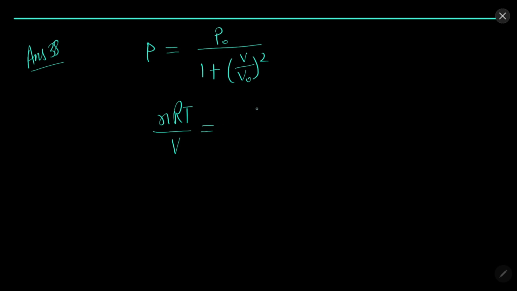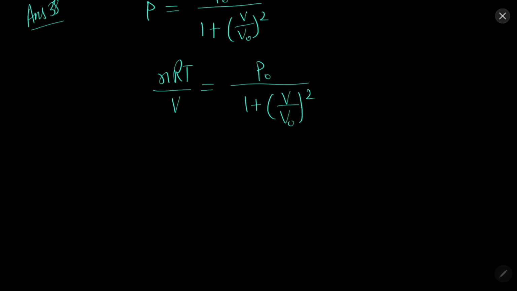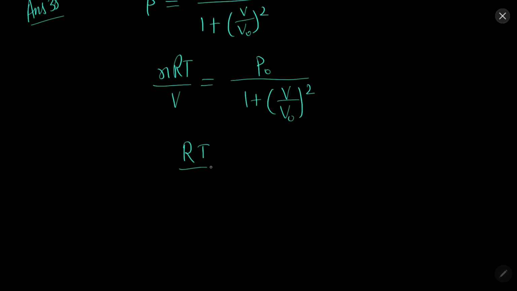Solution 38, P equal to P naught over 1 plus V over V naught whole square, and RT over V equal to P naught over 1 plus V over V naught whole square.